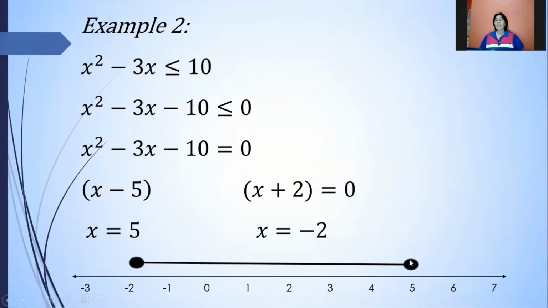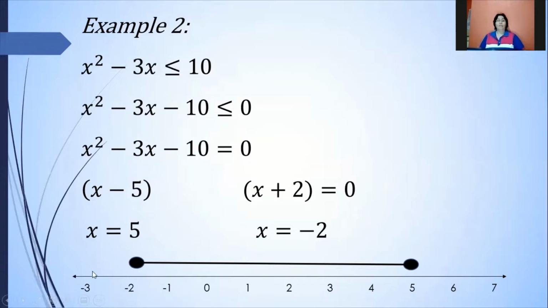Immediately above positive 5, we have to place a solid circle. Then test the value on the left side of -2, the number between -2 and 5, and the number immediately after positive 5 to the right, because the critical points divide the graph into 3 regions.